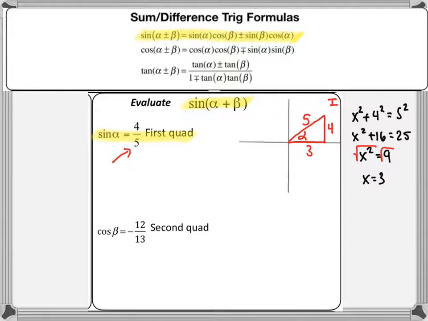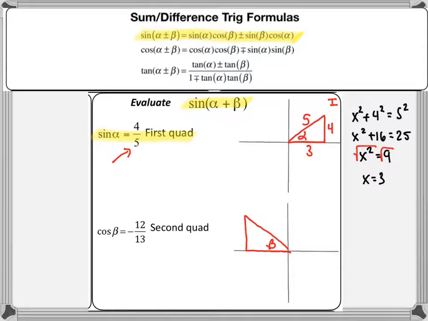So let's set up this triangle here, and notice that it is in the second quadrant. Again the triangle doesn't have to be proportional, it just has to be a placeholder for everything, and this is going to be beta here, the reference angle. We notice that it is going to be a negative 12 over 13, but let's just fill in the sides right now and not worry about that.